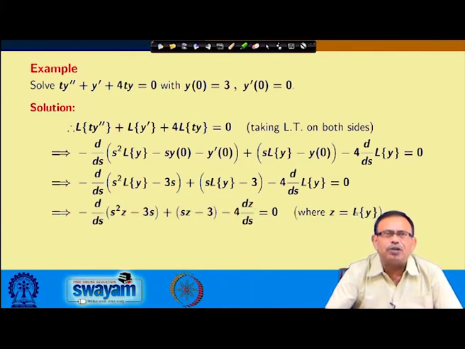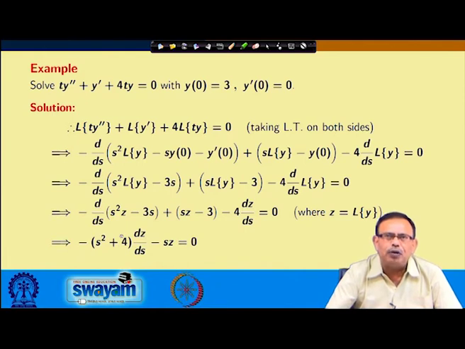If I substitute z equals Laplace transform of y, then I will obtain an equation like this. So, z will be a function of s afterwards, and minus d/ds of this will come. From here I am getting one ordinary differential equation. Please see it. This is an ordinary differential equation, not an algebraic equation.